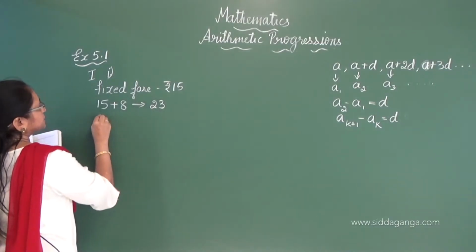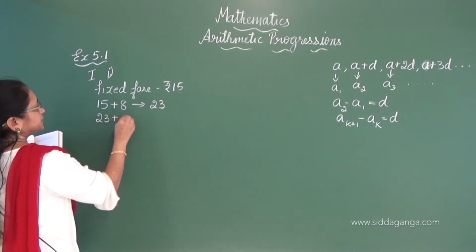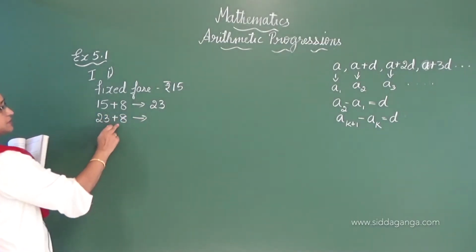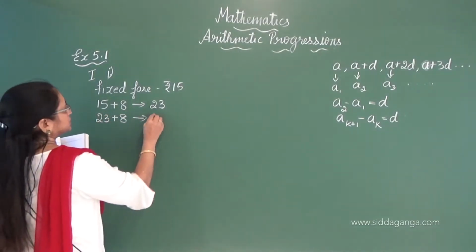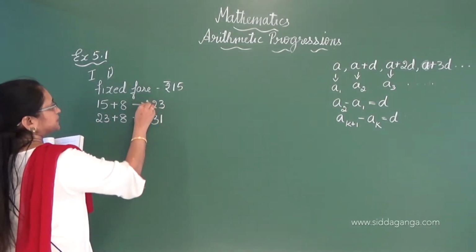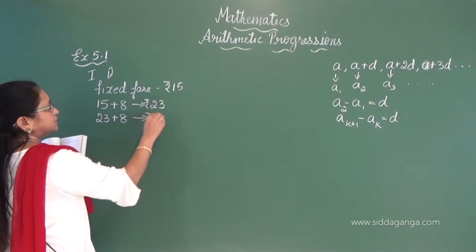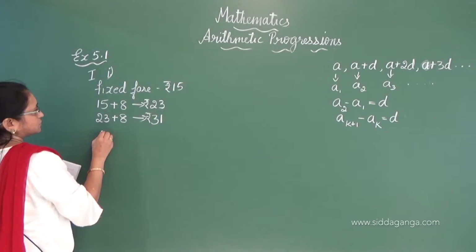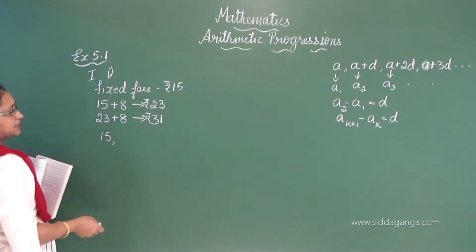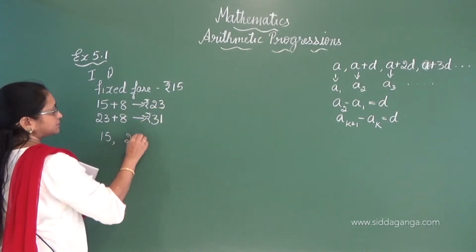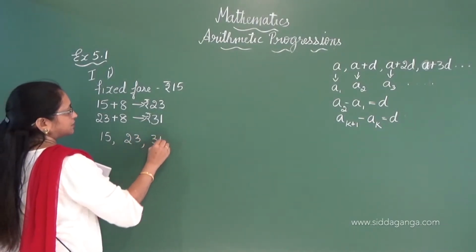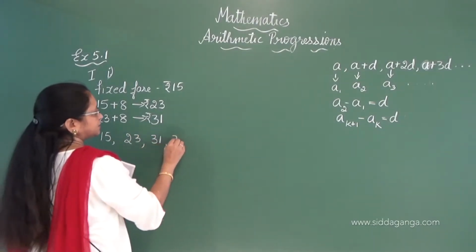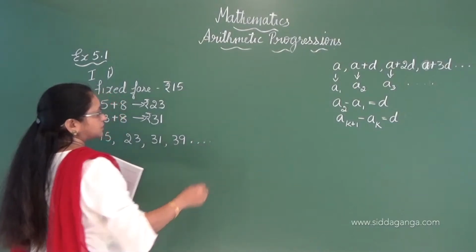Now again for the next additional kilometer, 23 plus 8 is 31 rupees. So we have the terms: first 15, next 23, next 31, and again if you add 8 it will be 39, and so on.